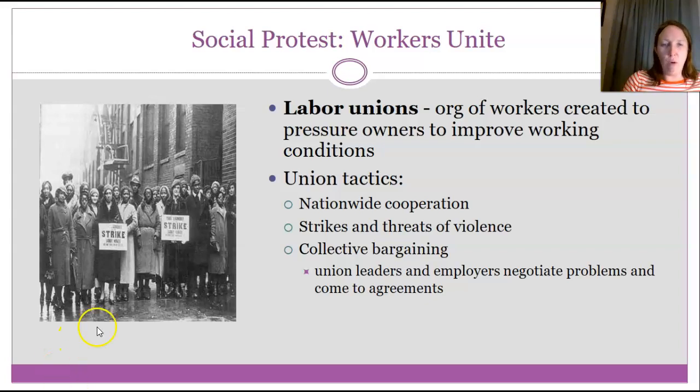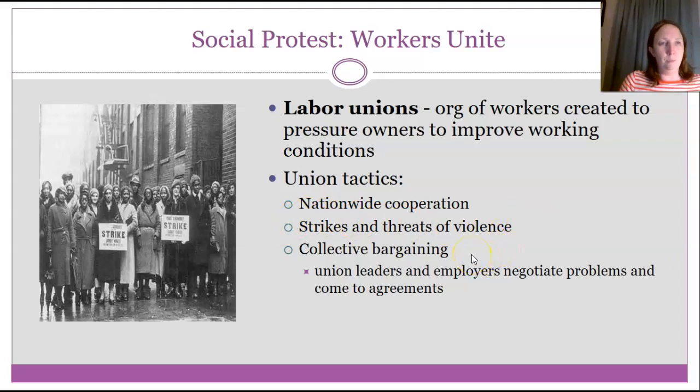Okay. So how did they go about this? They tried to cooperate at a nationwide level. So if you were a textile worker going on strike in London, then you were also going on strike in all the other major cities like Manchester or Edinburgh, other places around Great Britain. They would go on strike, as I said, and often there would be threats of violence or actual violence carried out.